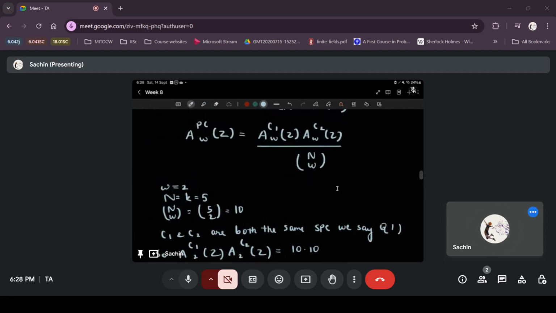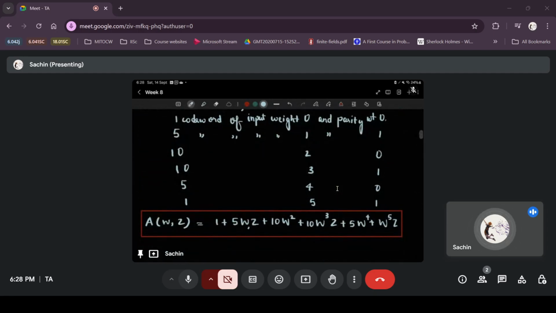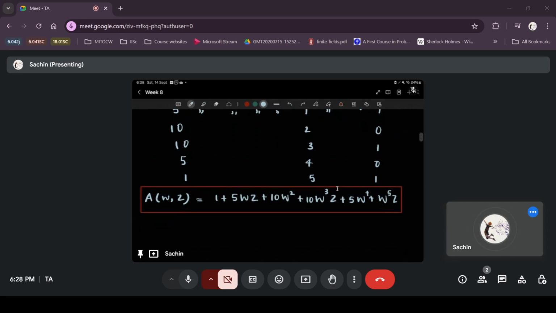Here also you have powers of W, and the powers of W are the weights of the input sequence, multiplied by the number of code words having that input weight, and multiplied by the power of Z, where the power of Z is the weight of the parity bit. So again, the average IRWEF will have powers of W multiplied by number of code words.